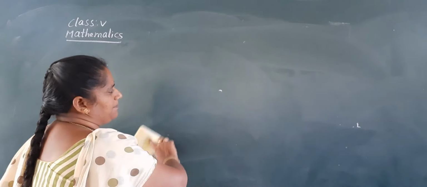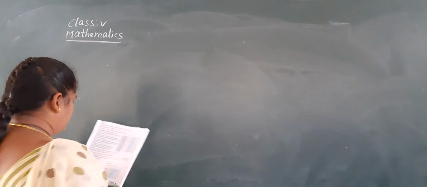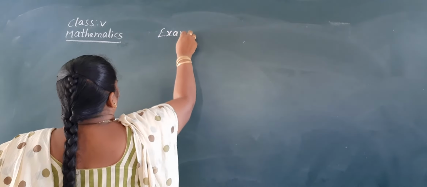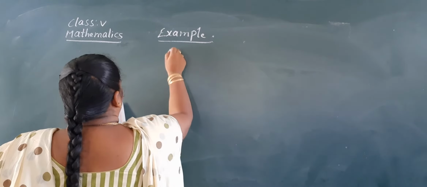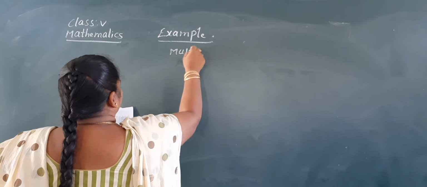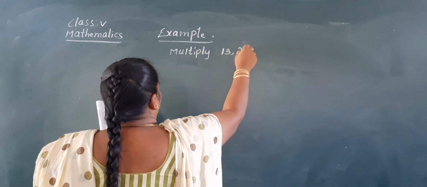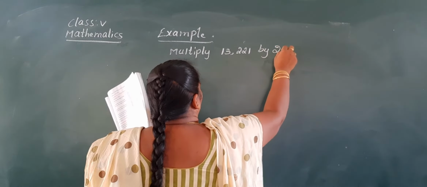See the next example: multiplication of 5-digit number by 2-digit number. Multiply 13,221 by 23.